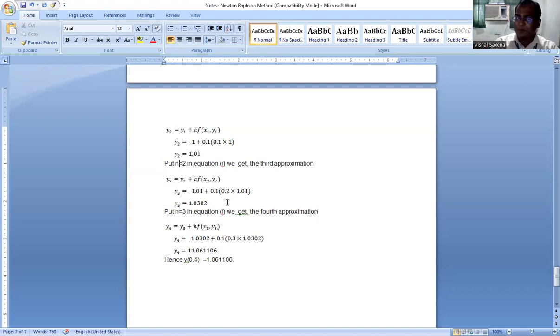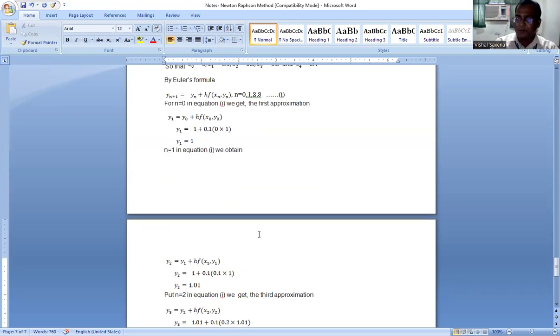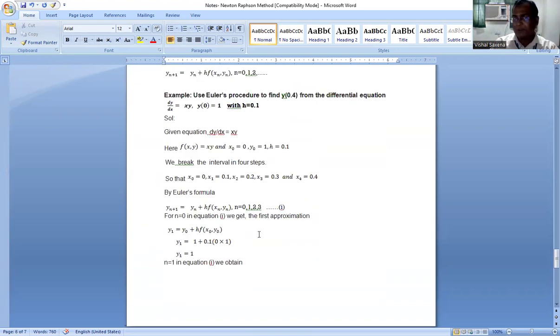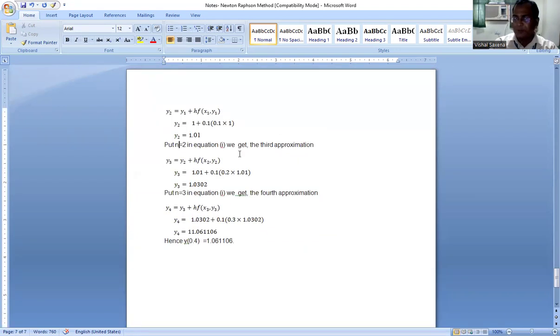And finally, because we have to find y4, y4 corresponds to the x4 value, and x4 is 0.4. That is the question. At 0.4, we have to find the solution, that is, y. So finally, put n equal to 3 in this first equation, and we get y4 as y3 plus h into function f(x3, y3).